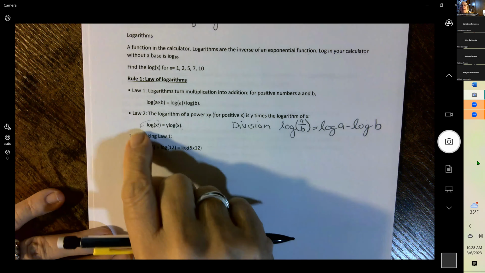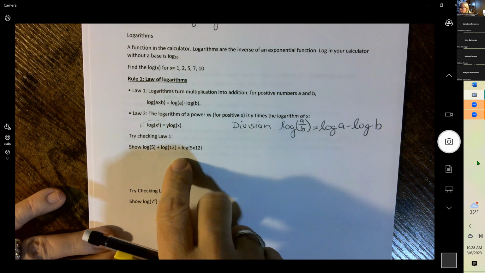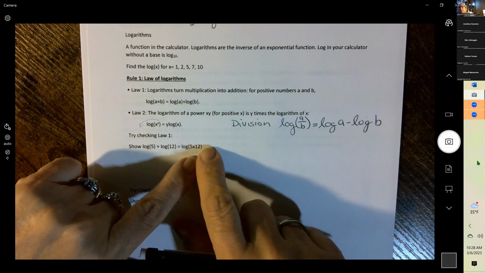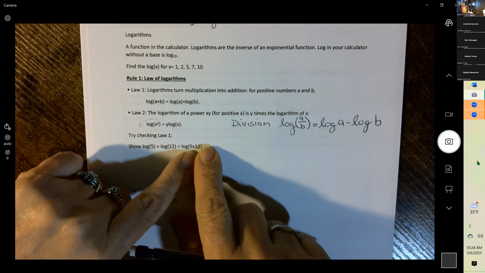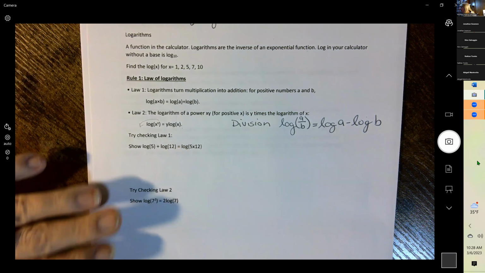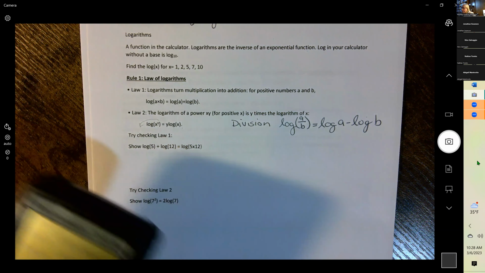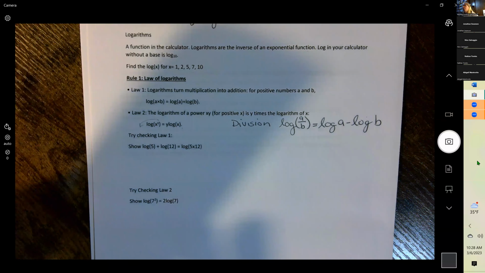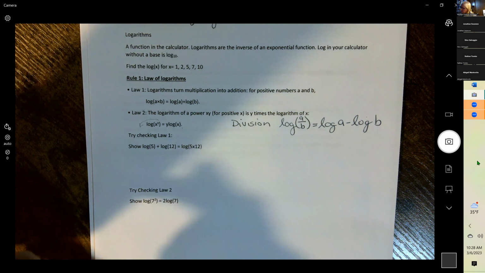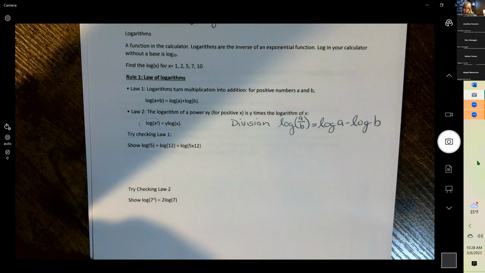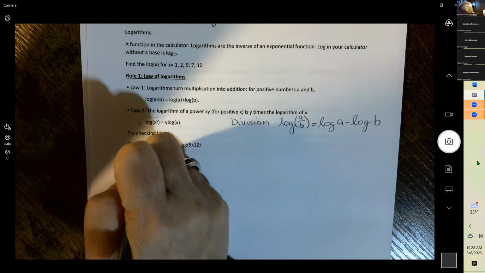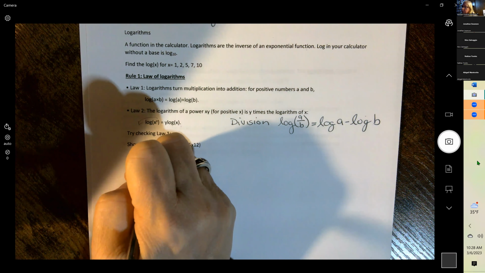Okay, let's try checking law 1. We're going to find the log of 5 and the log of 12 and see if it's the same as the multiplied together. Let's go 4 decimal places. So find the log of 5. Sometimes if you don't go far enough, it'll be a little off. So 4 should get us an exact answer, but we'll see. So log of 5 is 0.69.